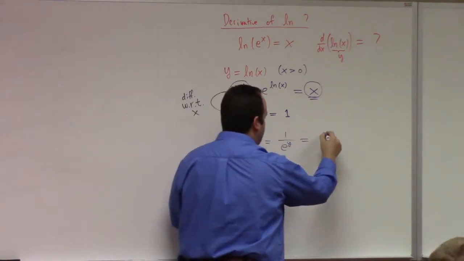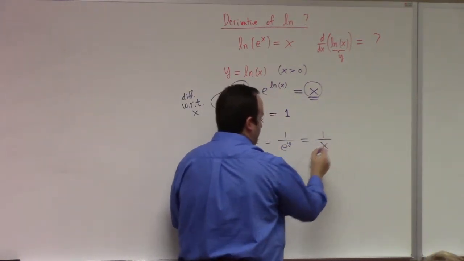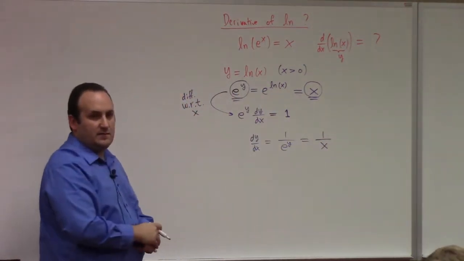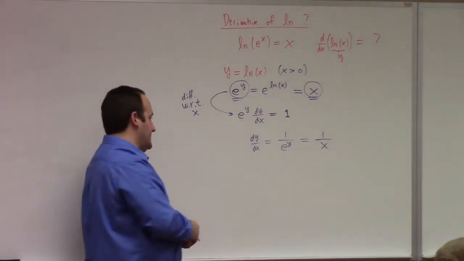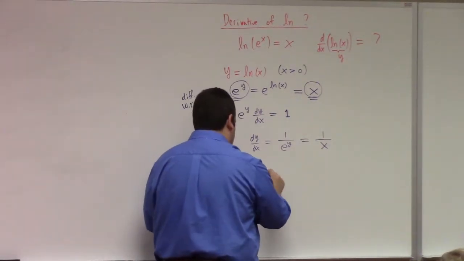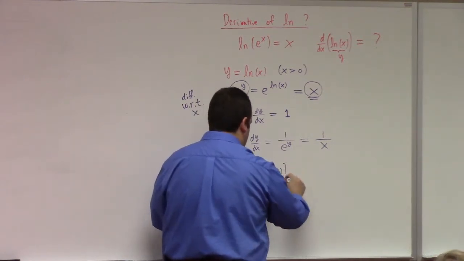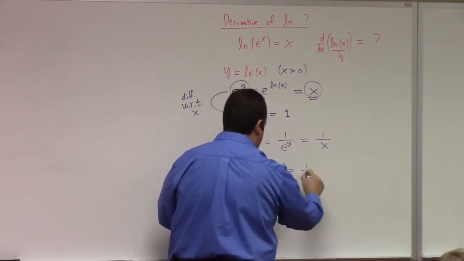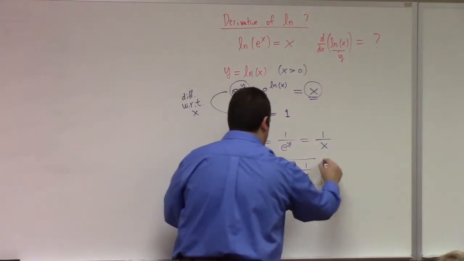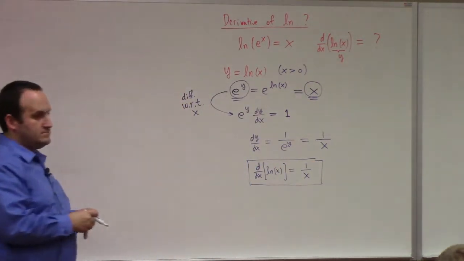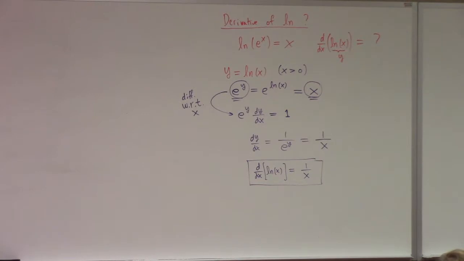So this is 1 over x. And so through this little standard argument, we have shown that the derivative with respect to x of the natural log of x is equal to 1 over x. This is how we differentiate the natural log function.